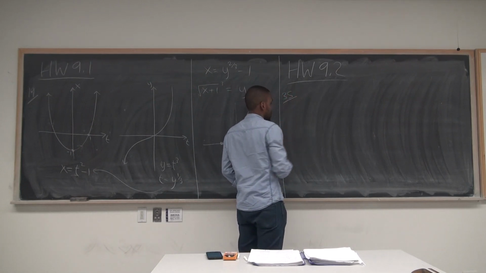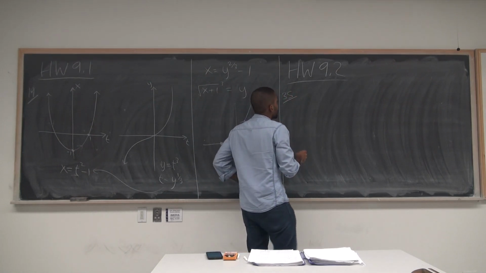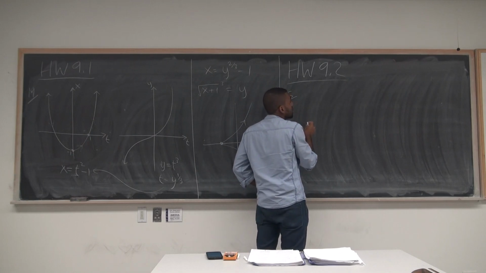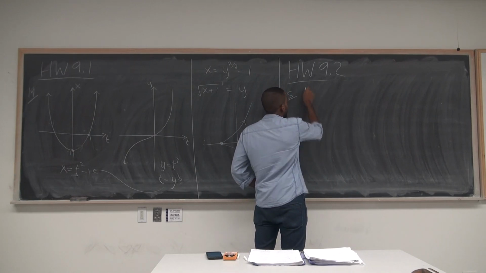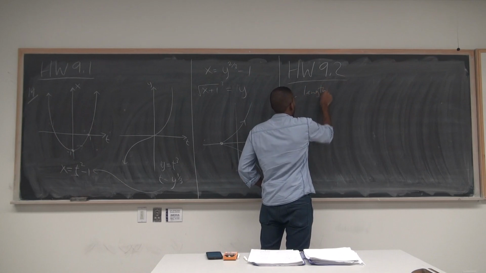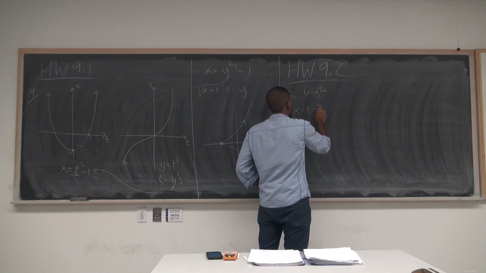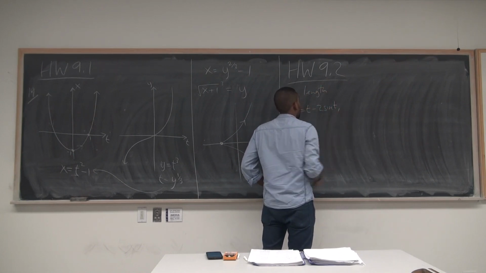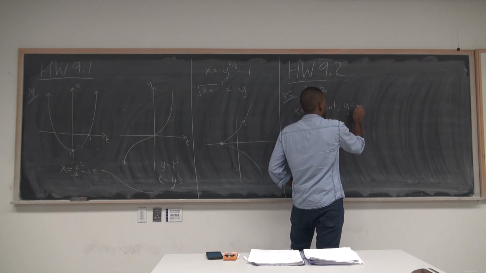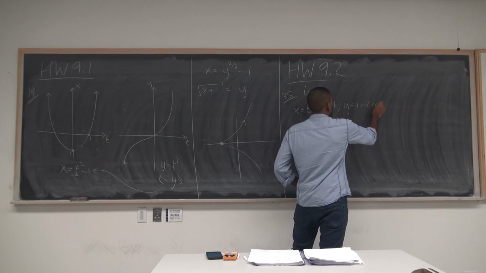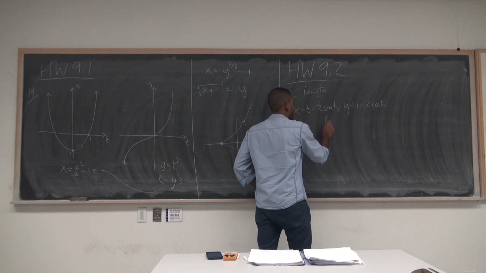What does that say? You're trying to find the length of the curve. It's x equals t minus 2 sine t, and y equals 1 minus t cosine t, between 0 and 4 pi.